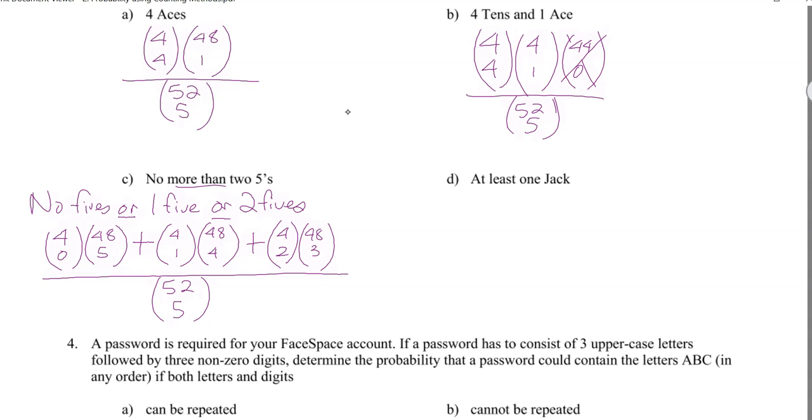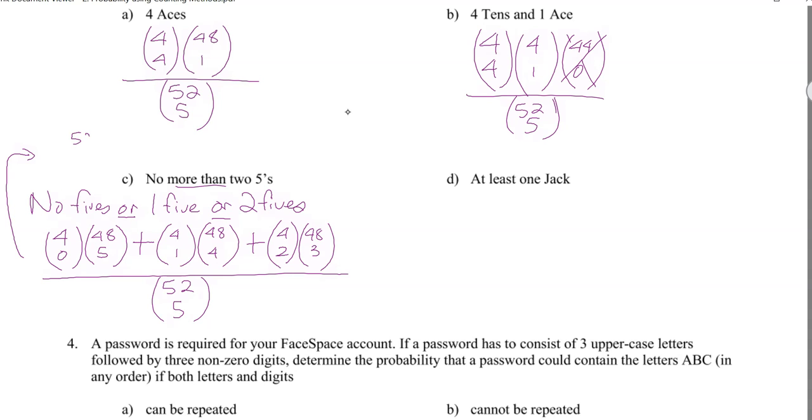Now, another way that this could be done, so if you don't see this as an answer in combination notation, then potentially it gets written like this. What are the other possibilities? You can have no 5s, or 1 5, or 2 5s, or 3 or 4.